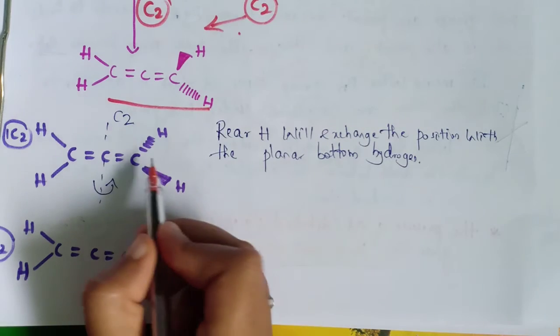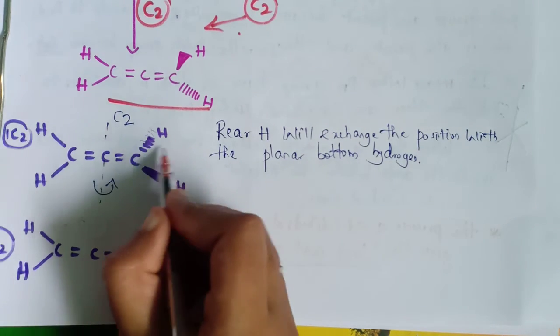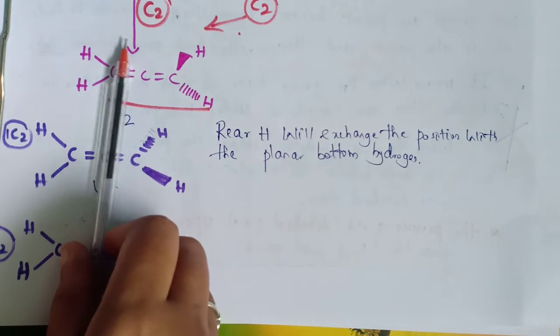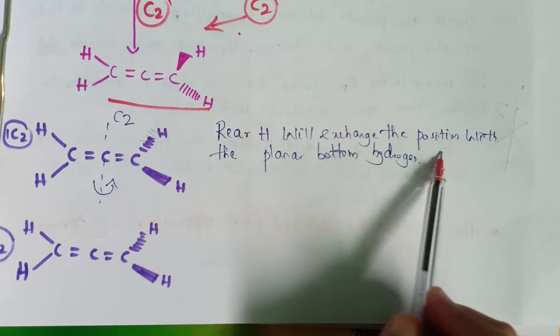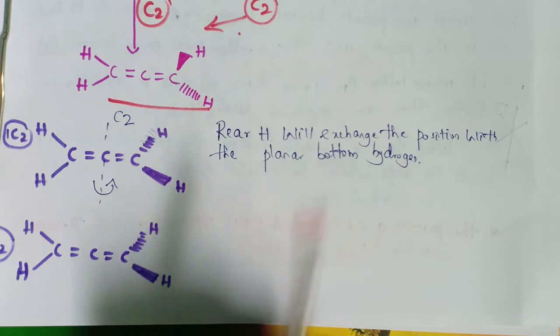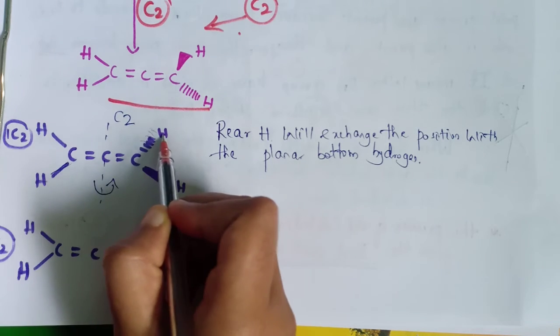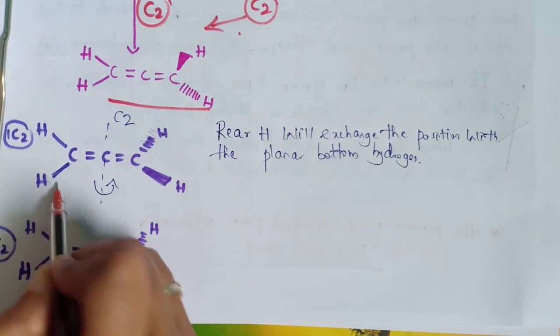See here, this is the rear hydrogen. If I rotate it by C2, that is twofold, by 180 degrees, the rear hydrogen will exchange its position with the planar bottom hydrogen. This will exchange its position with this one.